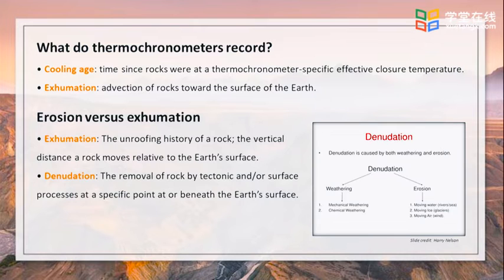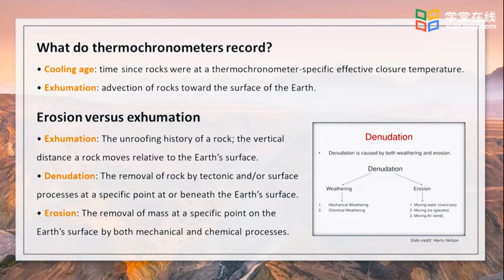Denudation refers to the removal of rock by tectonic and/or surface processes at a specific point at or beneath the Earth's surface. Erosion, on the other hand, means the removal of mass at a specific point on the Earth's surface by both mechanical and chemical processes.